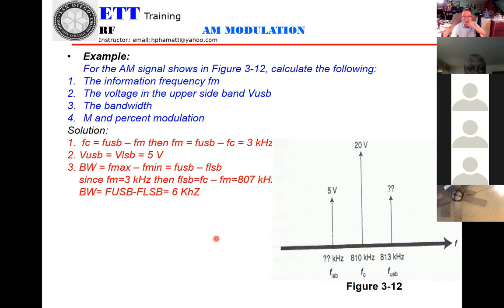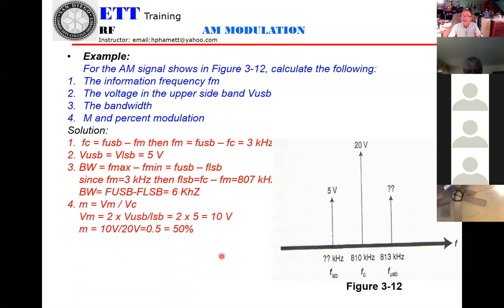And who got number 4? Is it 33%? Vm will be 2 times the upper side or lower side. That will be 10 volt. 10 divided by carrier 20, you get 50%.